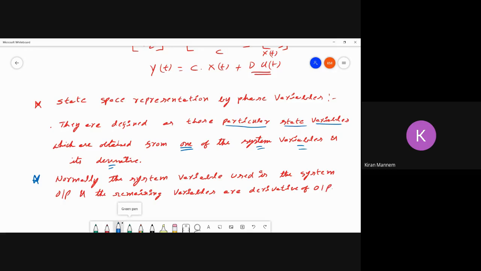Now, what are the key points here? The system variable used here is your output, and for the remaining variables we use the derivatives of the output.